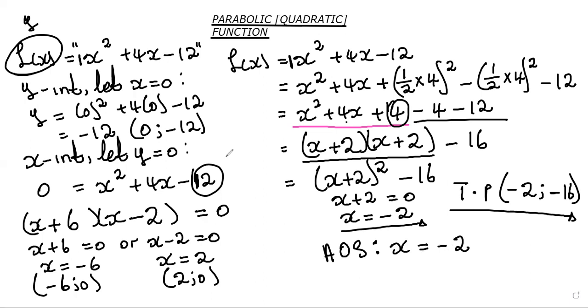So we have everything we need now. The shape of the graph, we know it. The intercepts with the axes, we know them. We know the turning point. We have the axis of symmetry. So there's nothing stopping us from making a sketch. So let's go. We'll just erase this part.